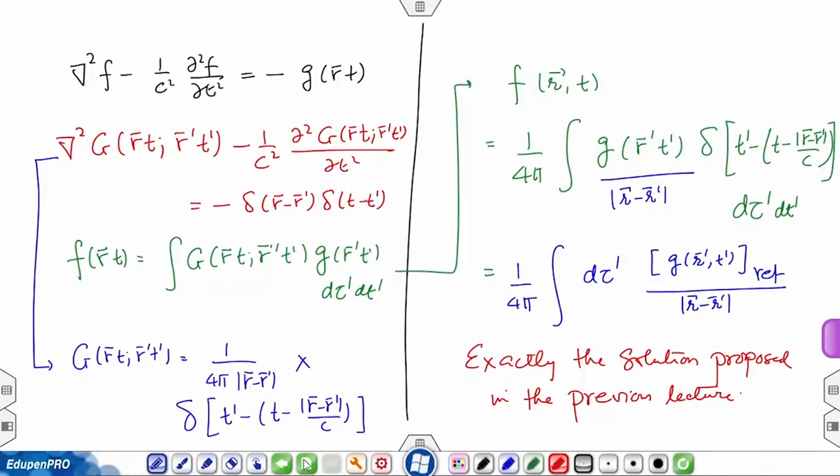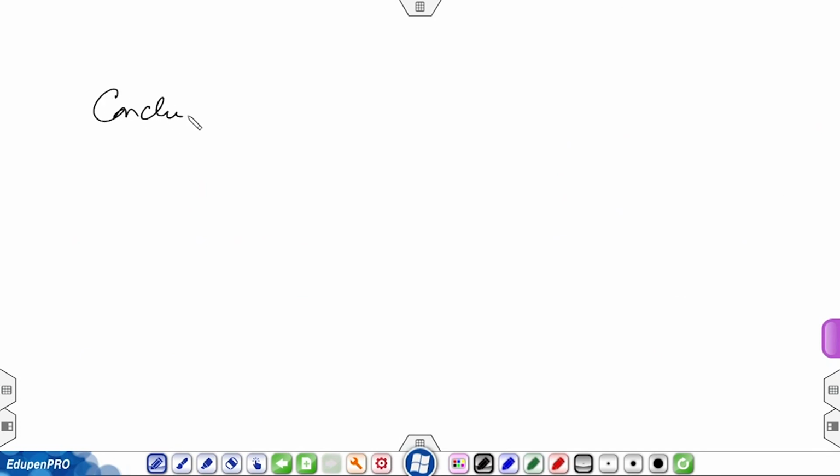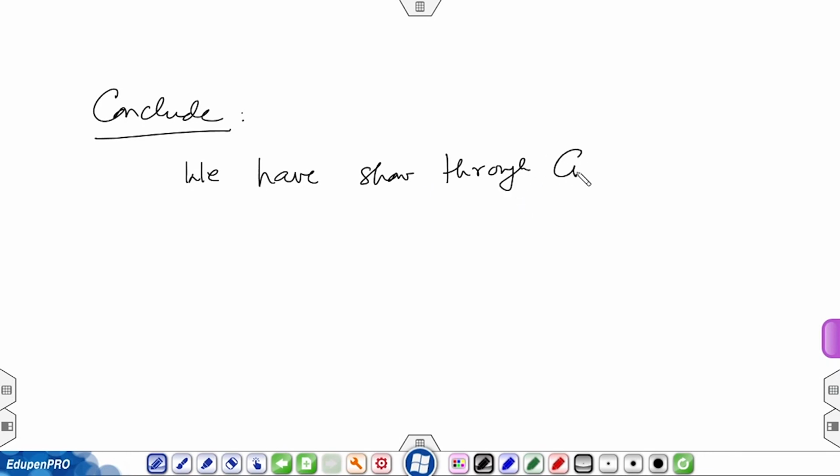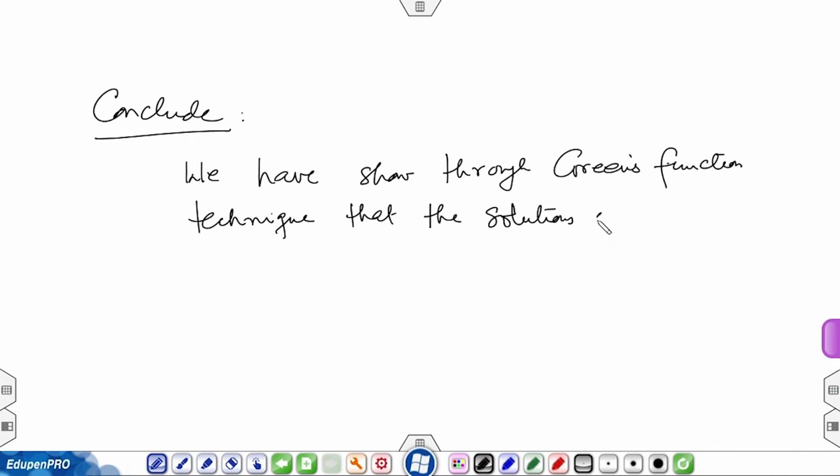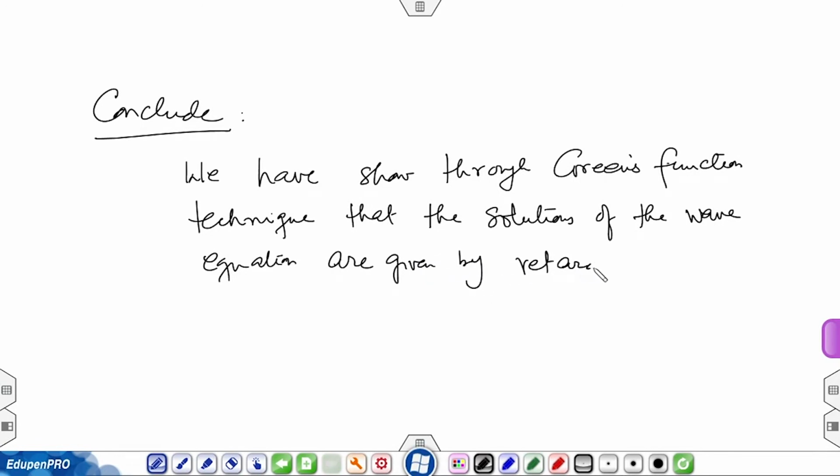So, to conclude this lecture, we have shown through Green's function technique that the solutions of the wave equation are given by retarded solutions.